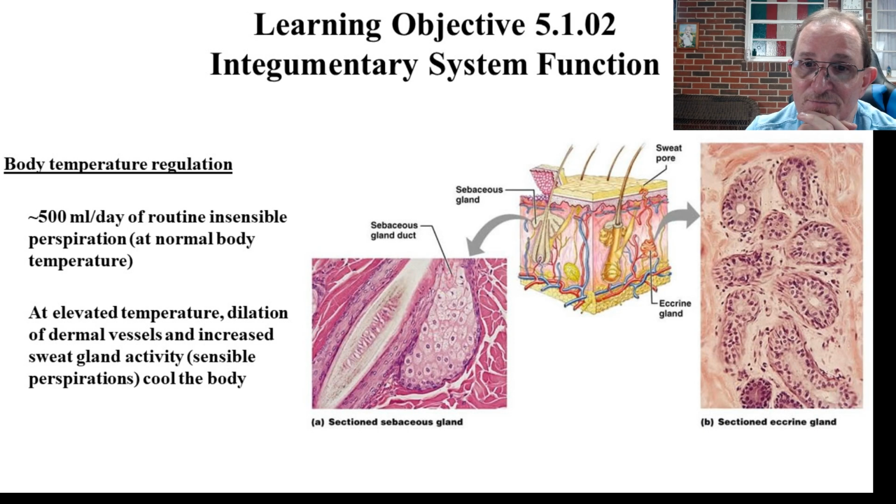That's for beads of sweat, which is mostly water. And we talked about the high heat of vaporization of water, how water takes a lot of heat to change from a liquid to a gas, like water vapor, not just steam, but water vapor.